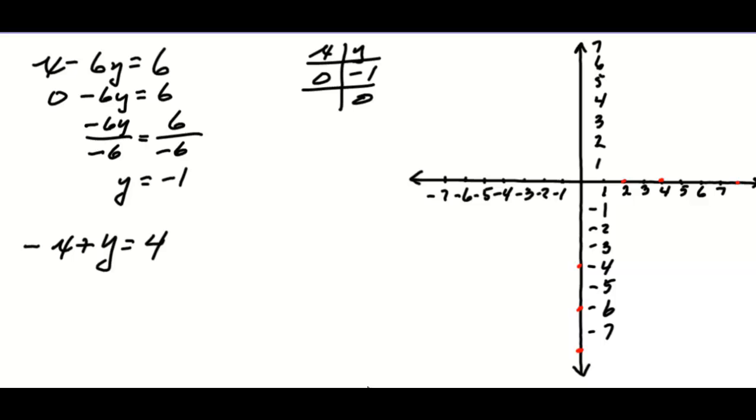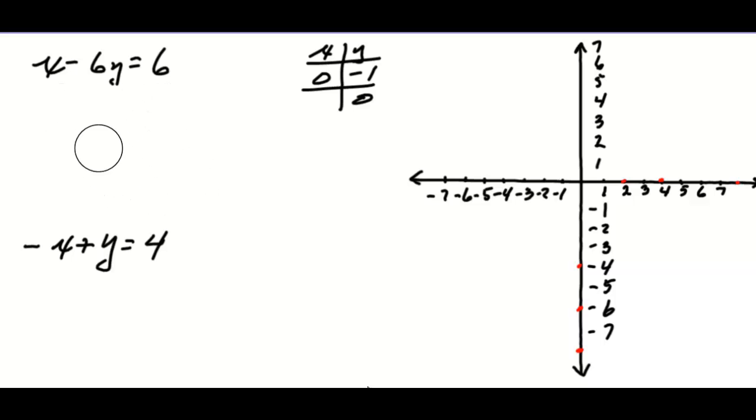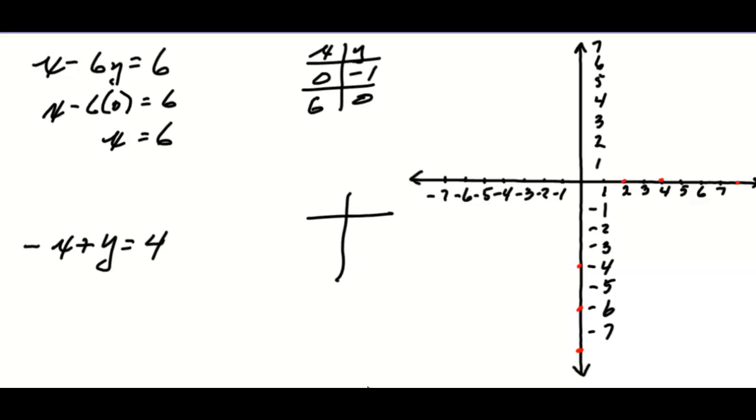Then, if we do the second part, where we substitute for y, we'll get x minus 6 times 0 equals 6. Therefore, x equals 6.